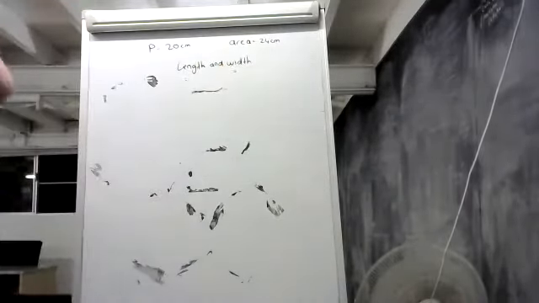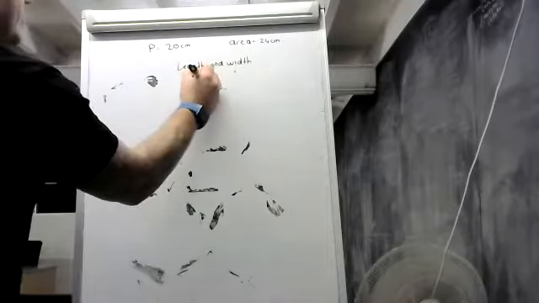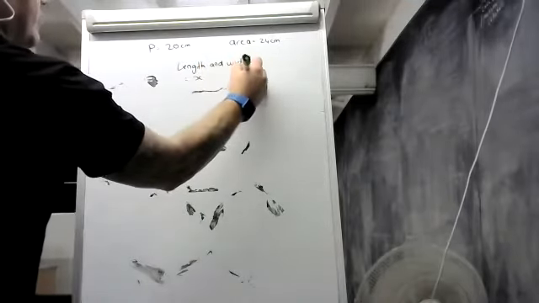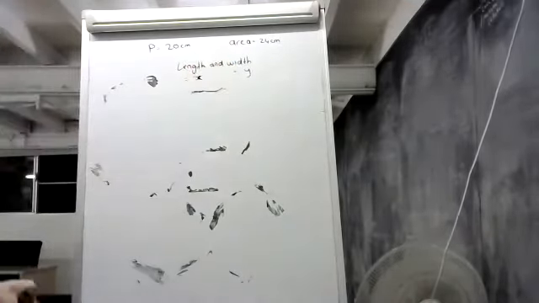So first thing we should do is assign each of the variables to x and y. Length can be x, width can be y. Anybody remember the formula for area? Length times width.